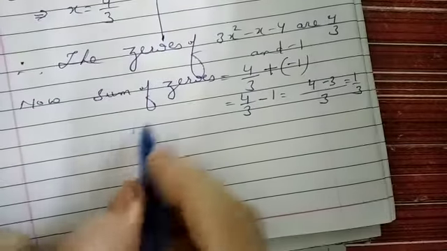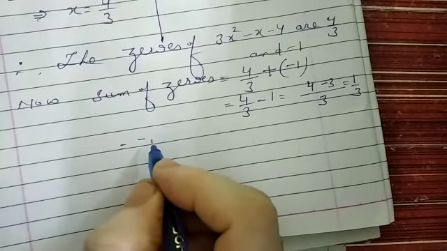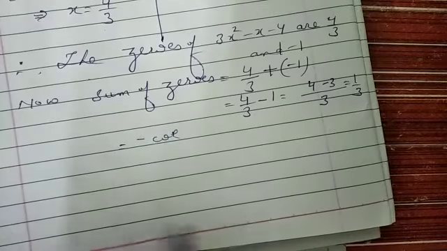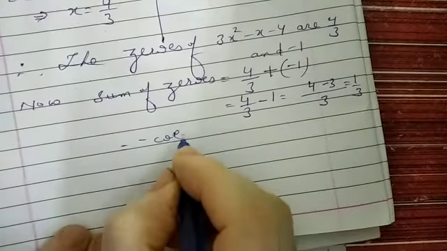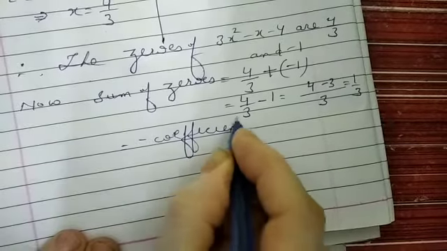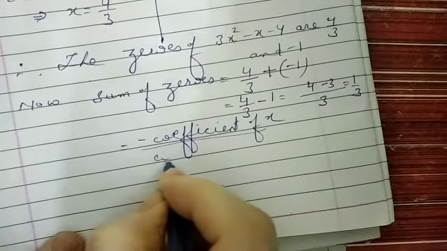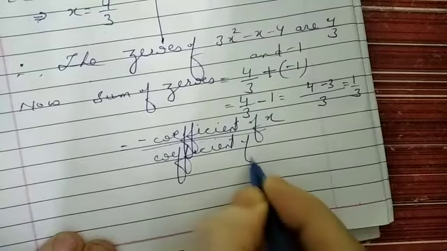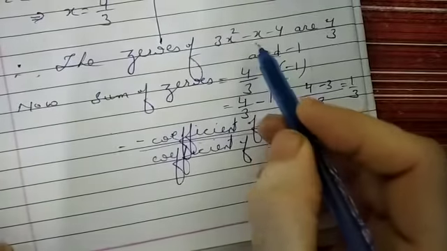This is the sum of zeros, and we know that this is equal to minus coefficient of x divided by coefficient of x square. That is the formula for the sum of zeros. What is the coefficient of x?